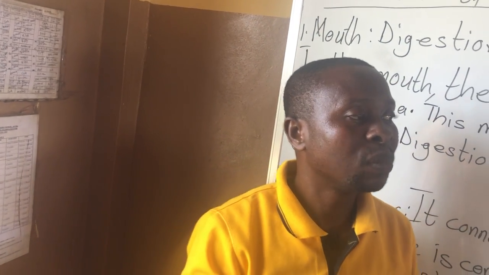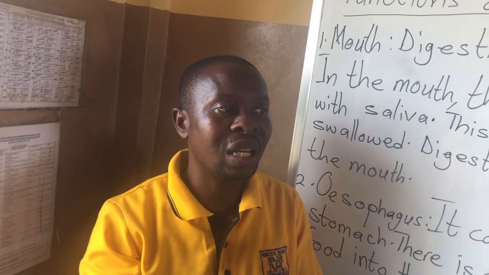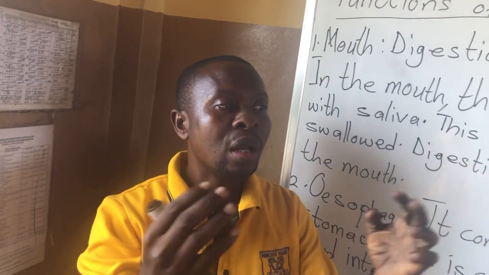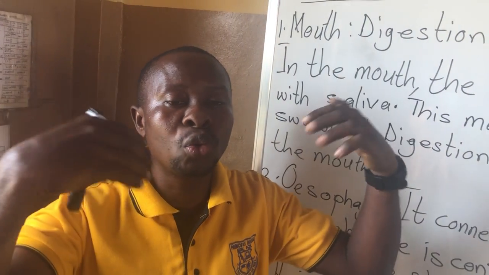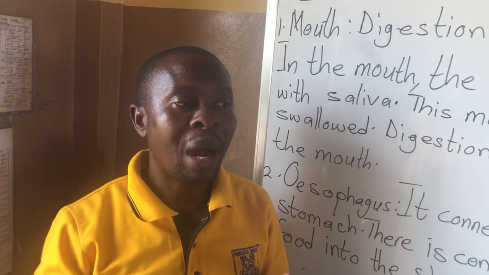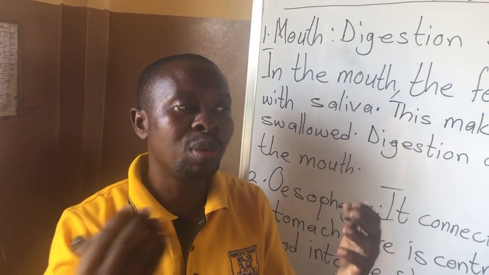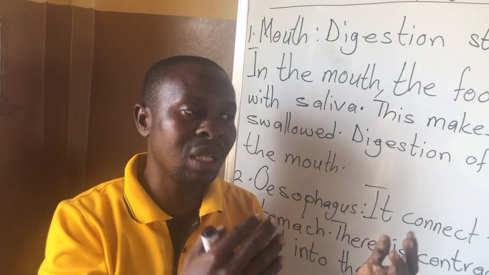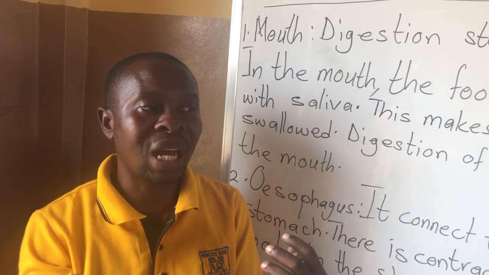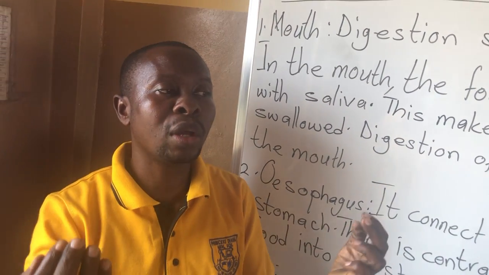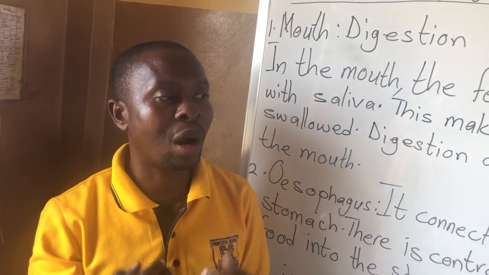The food we eat is in a form that cannot be absorbed into our body. Before our body can make good use of it, it has to be broken down into smaller units so that our body can absorb it.